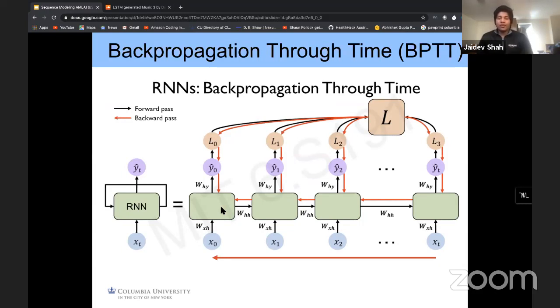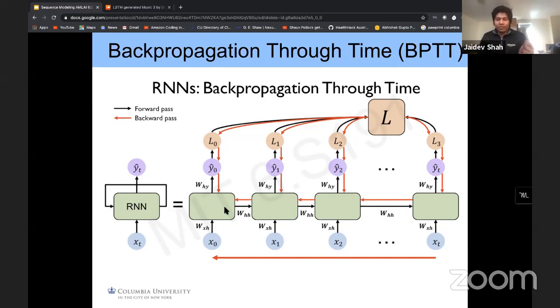And so you can imagine one issue with this: if you want to find the differential of, let's say, L3, the loss of the last time step, with respect to, let's say, X0, the original input, you'll have to multiply a lot of different differentials with respect to WHH and WXH, and the number of such multiplications will be equal to the length of the sequence.